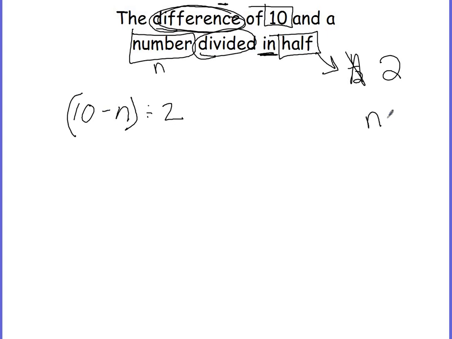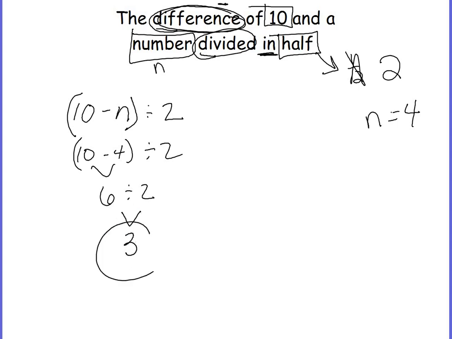So we're going to solve this for n equals 4. So anywhere I see an n, I substitute 4, and I'm dividing it by 2. So in this case, I get 10 minus 4 is 6, and I divide by 2, which gives me 3. So when I divided in half, my answer became 3.